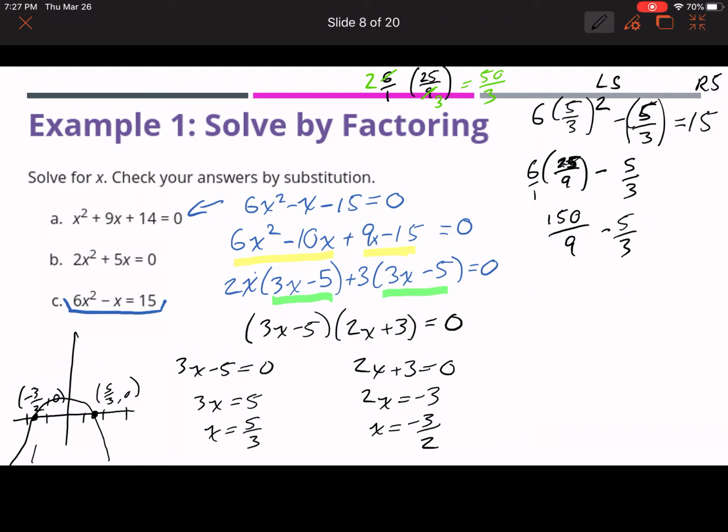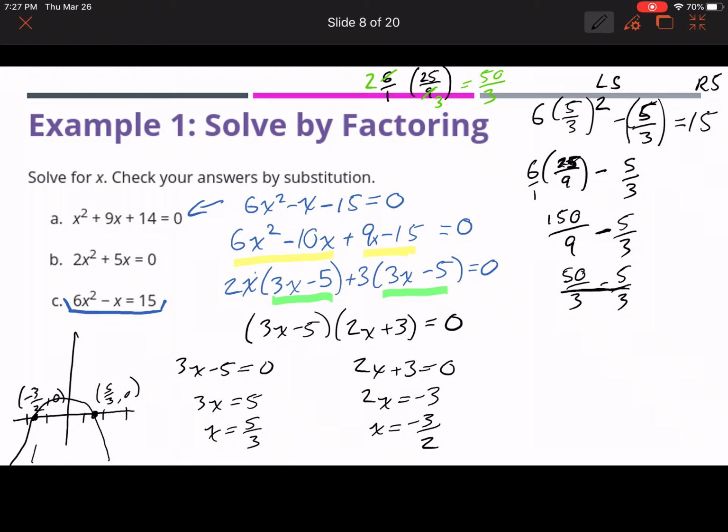Now, because I'm adding and subtracting, I need a common denominator. And I know 3 is going to work because I can divide 150 by 3. I can divide 9 by 3. And here I end up with that 50 over 3 in 2 steps instead of 1. So now I have a common denominator.